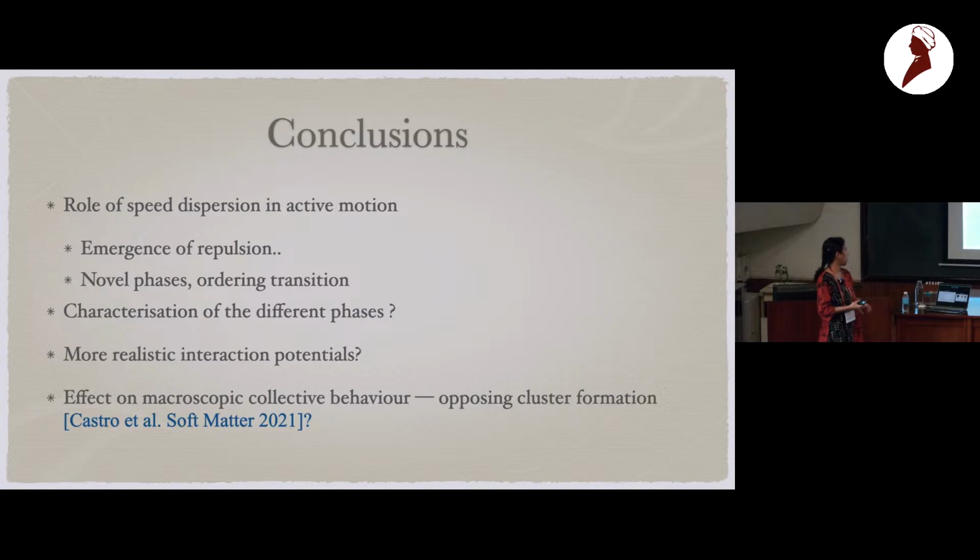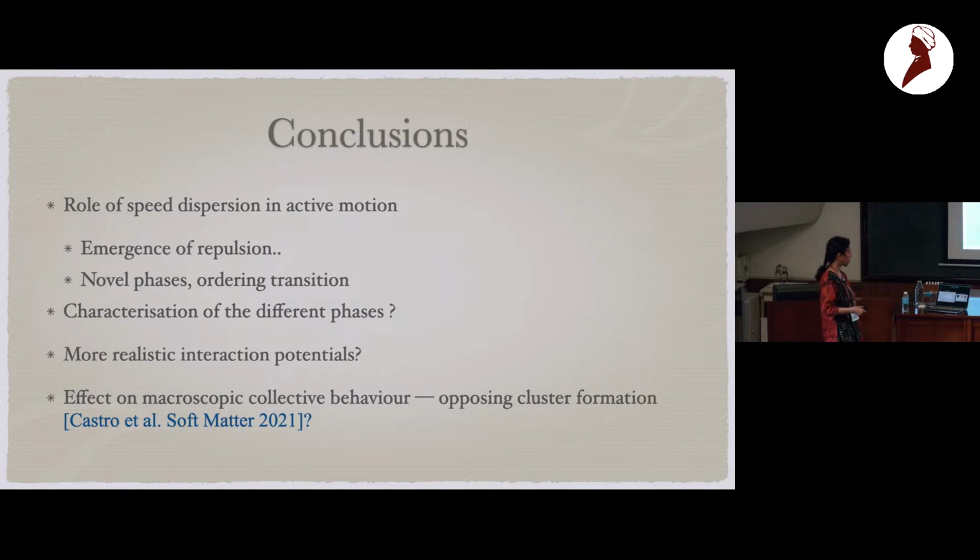If we look at few particle cases, it turns out that because of the speed difference, particles can feel repulsion, which is a novel phenomenon, because active particles are always thought to have effective attractive interactions, giving rise to MIPS and other kinds of ordering, clustering, etc. Now if we have many particles interacting with even a short range interaction, we see ordering transitions happening. We are still working on characterizing these different phases and the exact order parameters, etc.